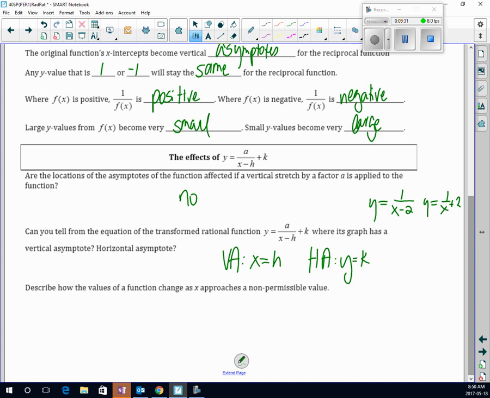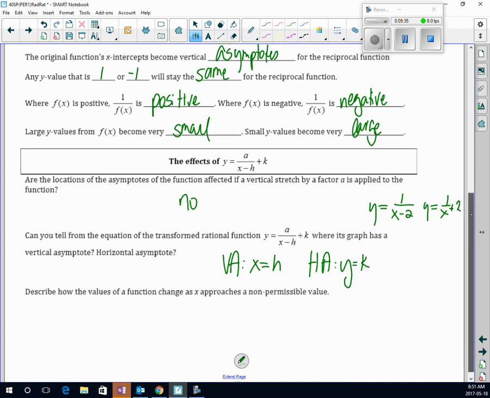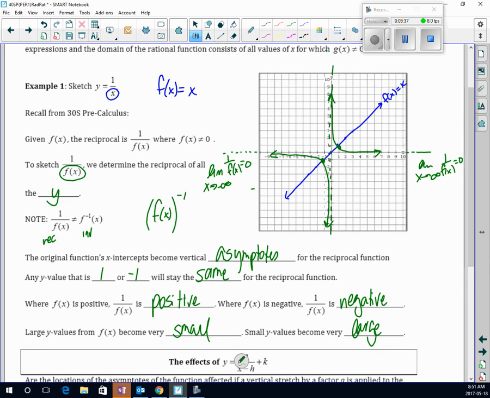Describe how the values of a function of x approach a non-permissible value. The non-permissible value, if we look back up here, is where we have this vertical asymptote. X cannot be 0. This is now the calculus approach to it. The closer and closer and closer from the right, do you see I'm coming from the right, that we get to this non-permissible value 0, what happens?